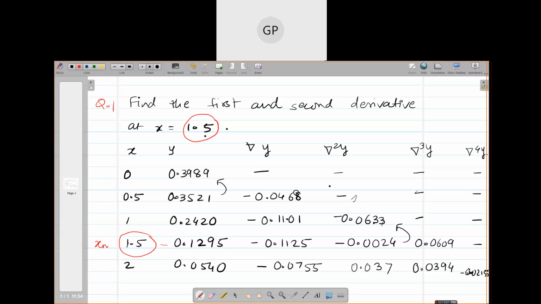So what will this be? What will you call this difference? See, this is my xn, so this is my yn, correct?